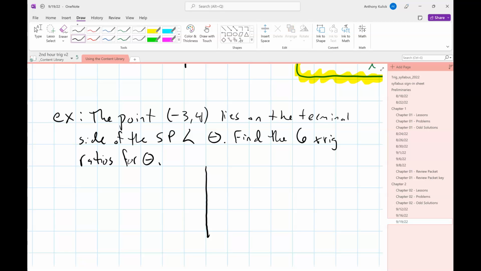So I'll start by drawing myself a little picture, and I'm going to plot the point (-3, 4). Everybody's okay with the picture I've drawn here?